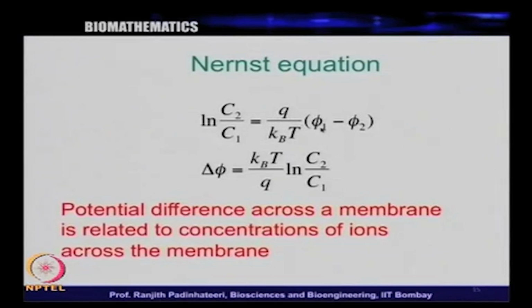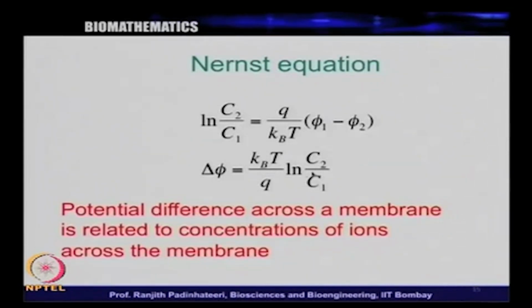Phi 1 and phi 2 are the potentials, so this is the potential difference across the membrane. If I call this delta phi, then delta phi is equal to kBT by q into ln C2 by C1. So, the potential difference across the membrane is related to the concentration difference.